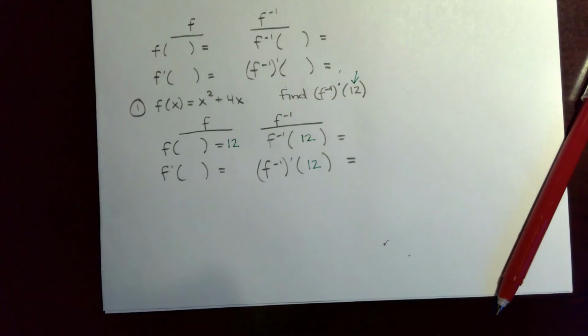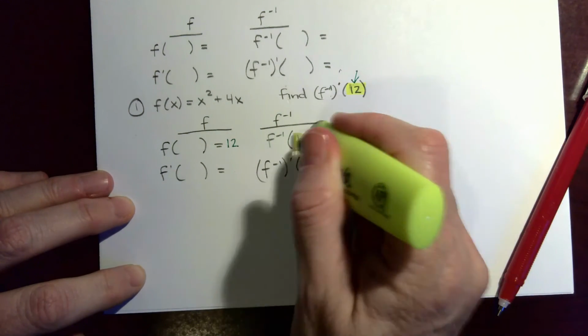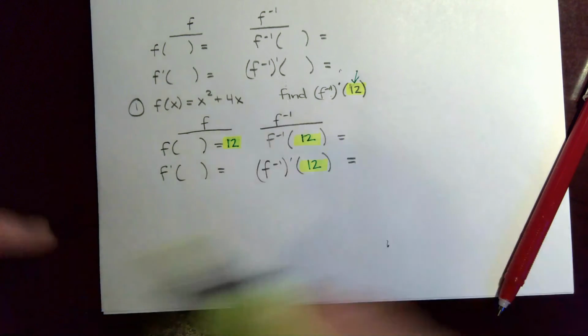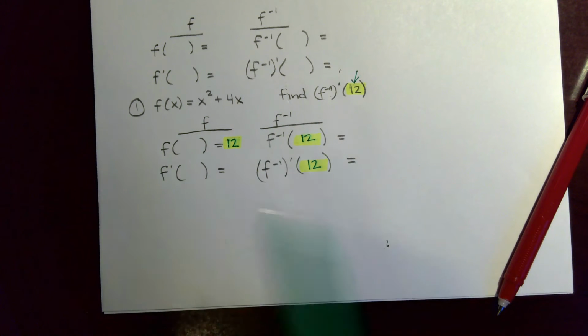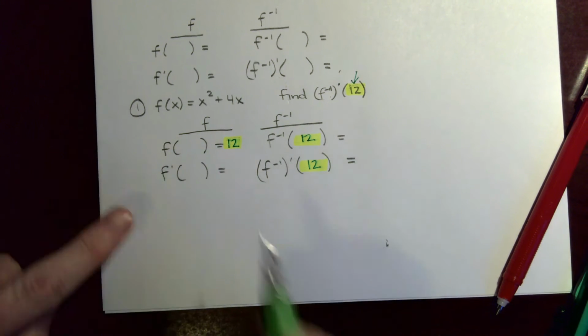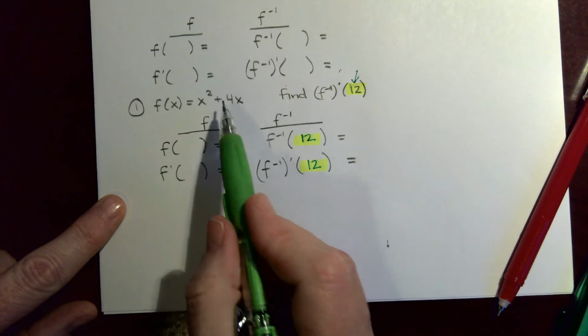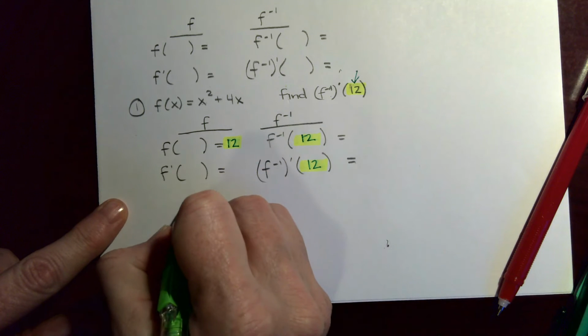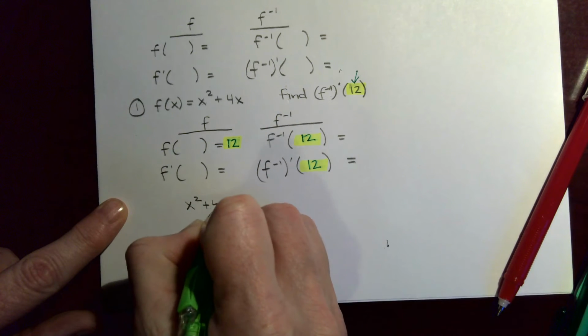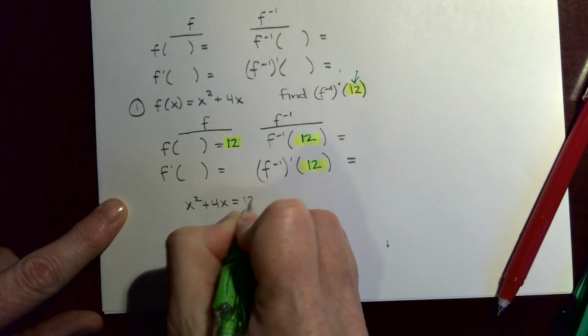Okay, so that's the key. And then this tells you what you need to do. So we need to know, okay, f of what is 12? Okay, so f of some number, when I plug in x squared plus 4x, I'm going to get 12.